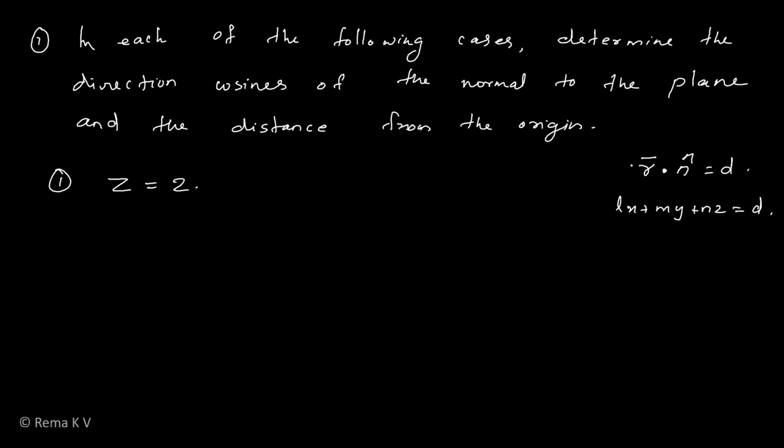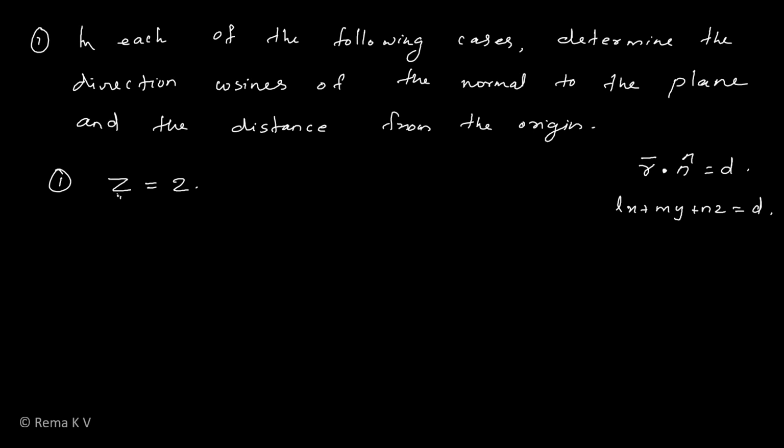So this is the vector form and this is the Cartesian form. The one given here, z is equal to 2, compare with this. It is the Cartesian form.